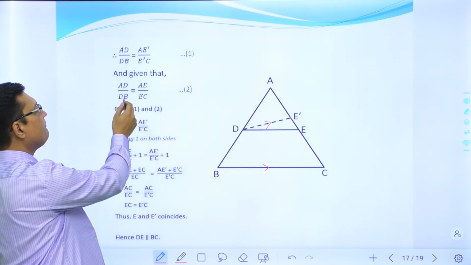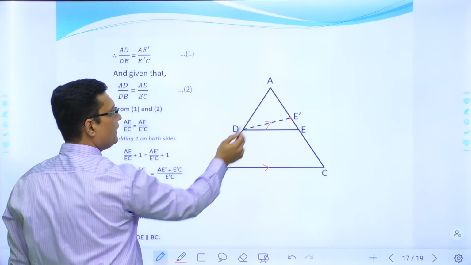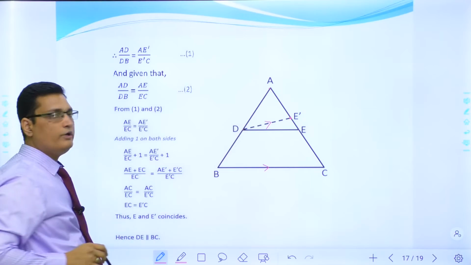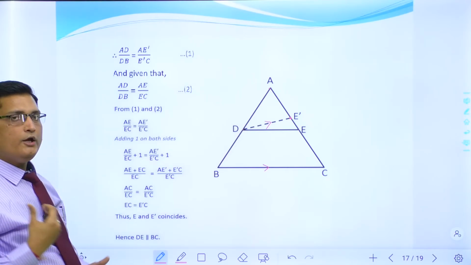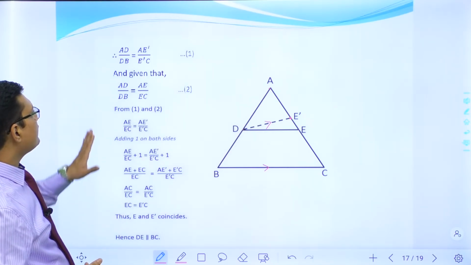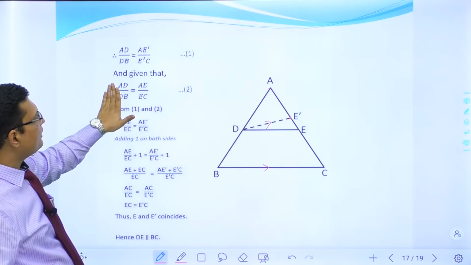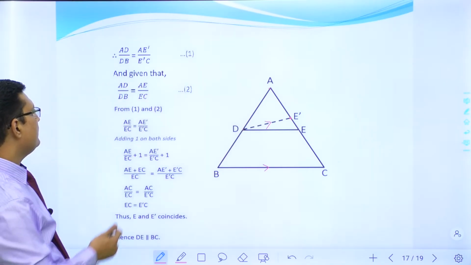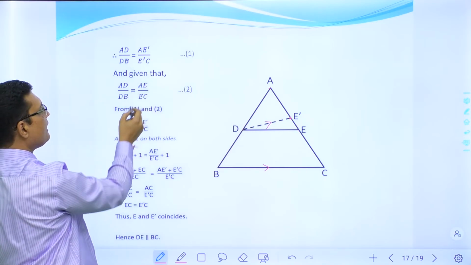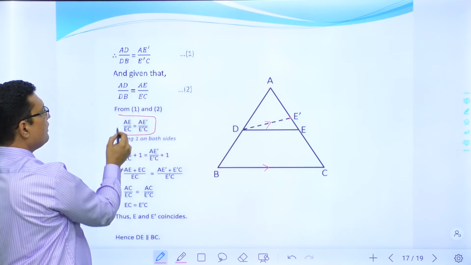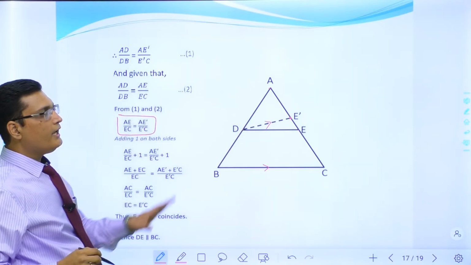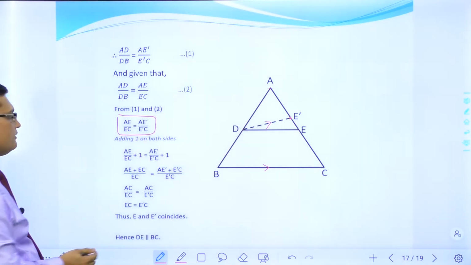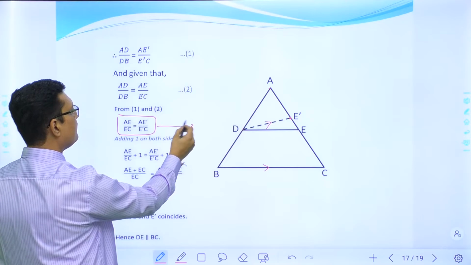That means AD upon DB is equal to AE upon EC, given in the question. So, when we equate these two equations, what happens? Here we have AD upon DB, here also we have AD upon DB. When we equate these two equations, we get AE upon EC is equal to AE dash upon E dash C.